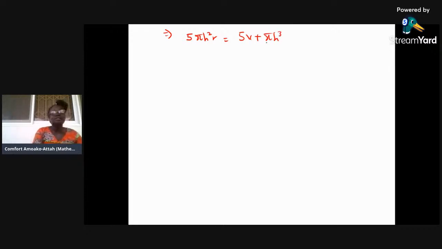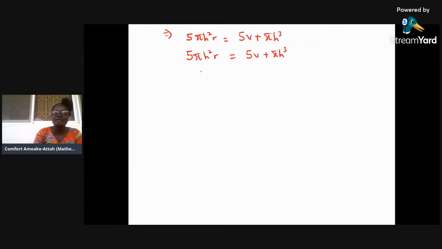Good. Then we are looking for r. So we need to divide both sides of the equation by the coefficient of r, that is the number attached to r.